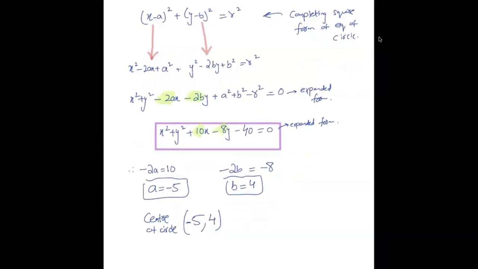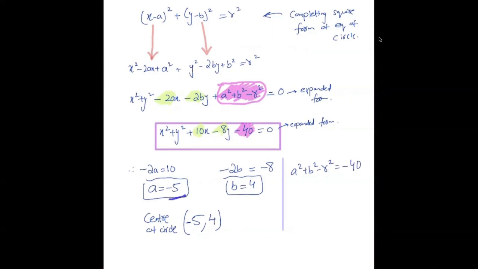Now we need to find the radius. The constant term over here must be equal to a squared plus b squared minus r squared. So a squared plus b squared minus r squared equals the constant term, negative 40.